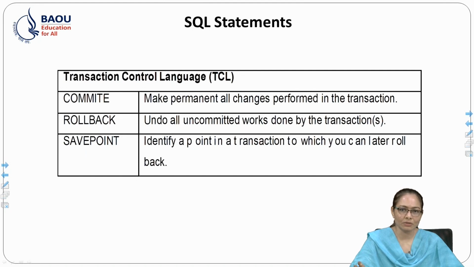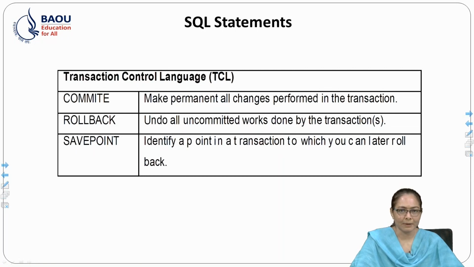It is used to control the transaction of the object in the database. In this, the commit command. The commit is used to make permanent all the changes performed in the transaction. Like the save, it saves all the transactions in the database.